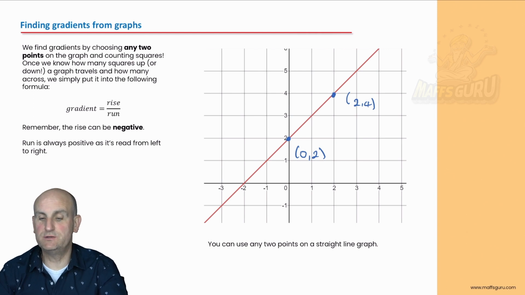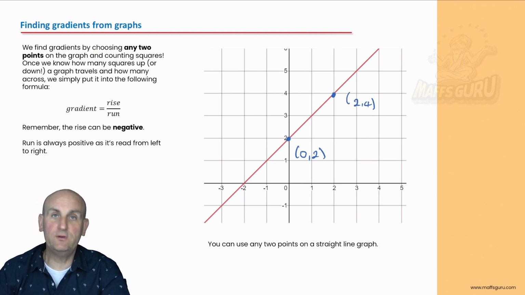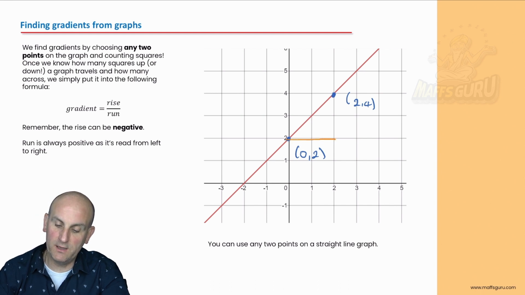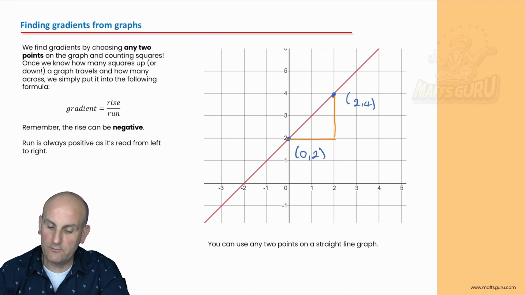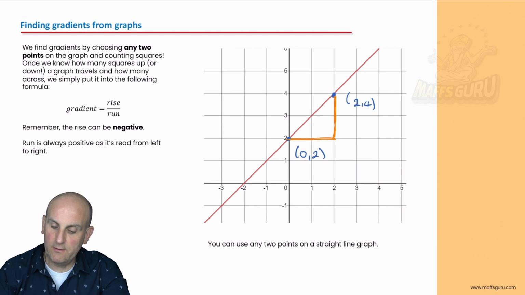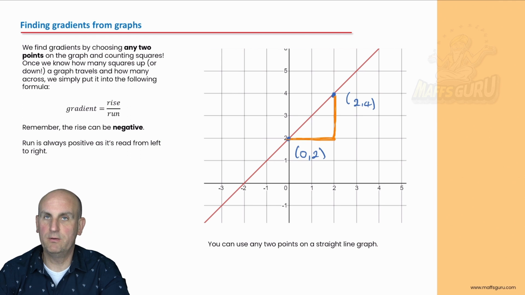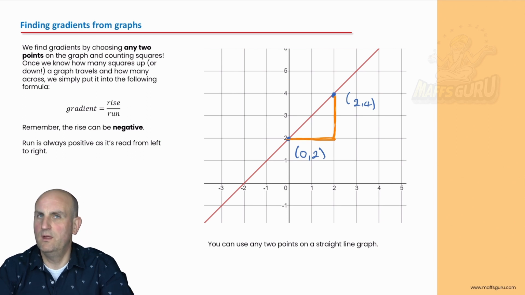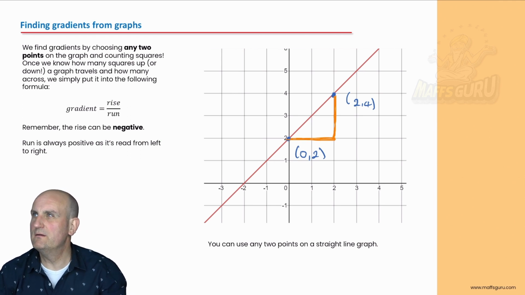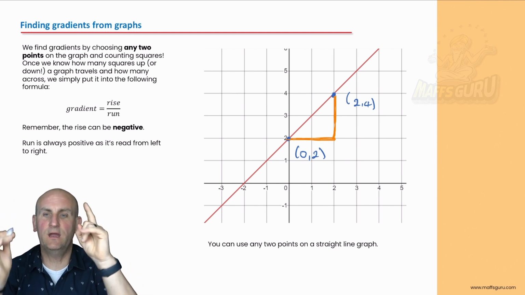Having chosen those 2 coordinates, I want you to literally think you're driving along one-way streets, and I want you to join them by using a triangle. So there we go. There is a triangle. I've gone along and I've gone up. Hold on a moment. I go along by running, and when I rise, I get up.